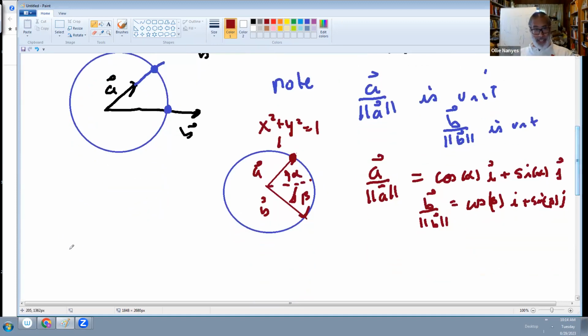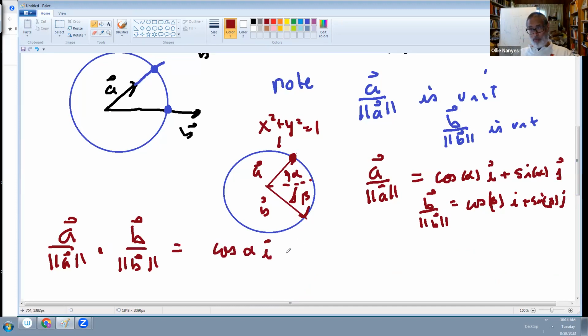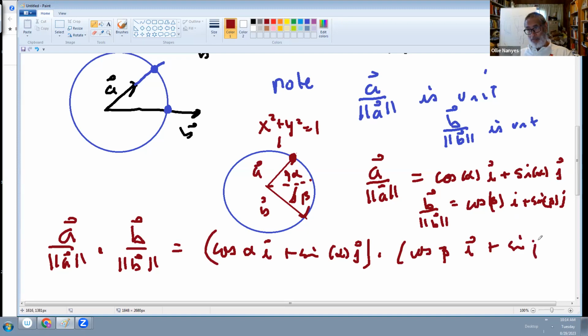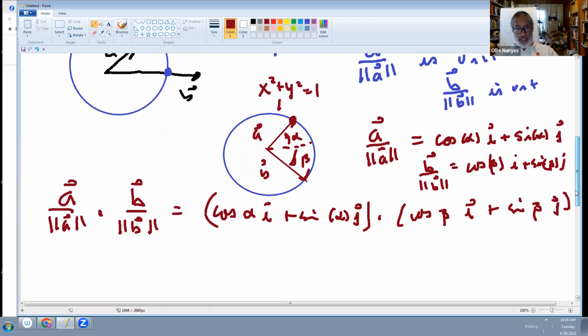Now let's calculate A over its magnitude dotted with B over its magnitude. Well, what that's going to be is cosine alpha i plus sine alpha j dot cosine beta i plus sine beta j. Now let's compute the dot product as we always have.